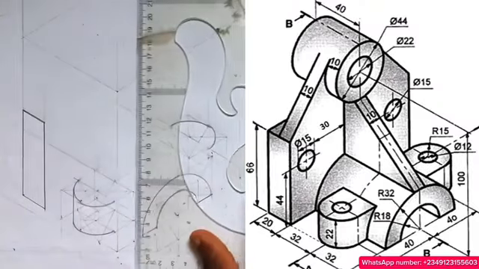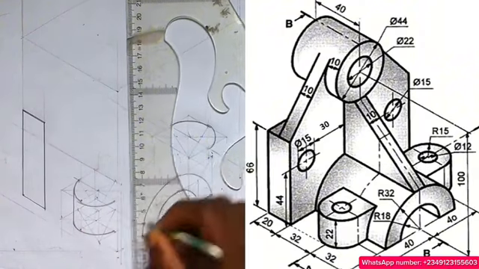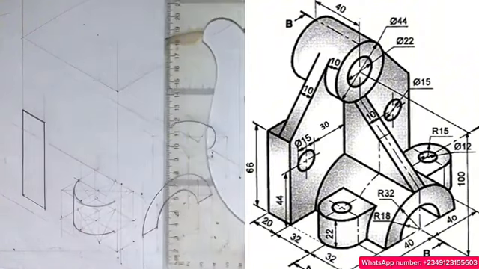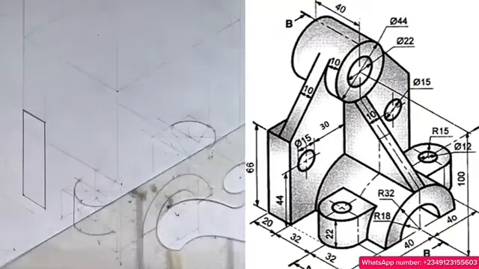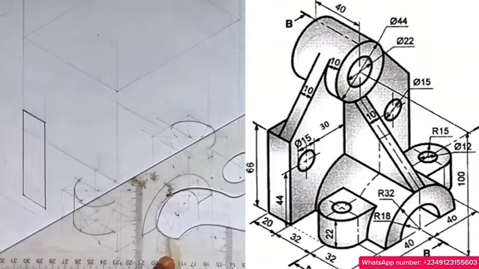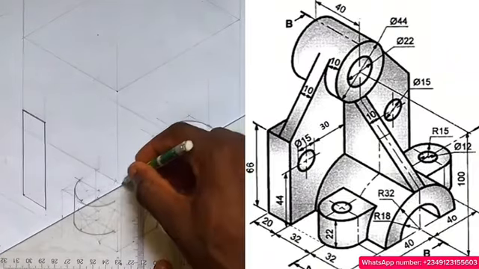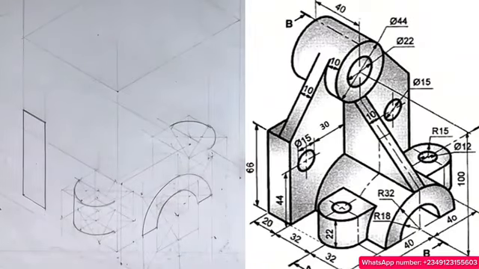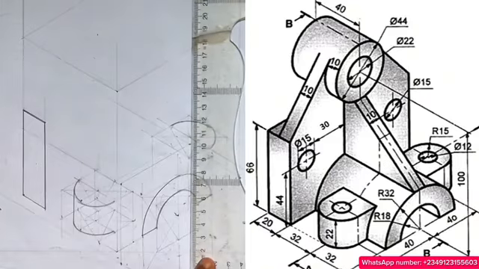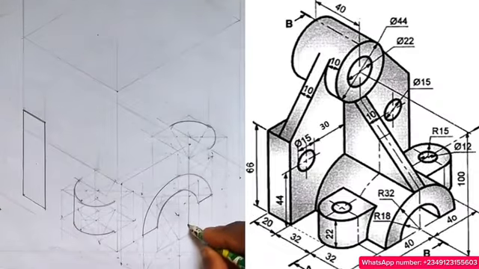So I'll take that 17 to this point here. This is like the first point, second point. I'll take that 17 to this point 1 here. That 17, I'll take it to meet this one here, which is on that point here.